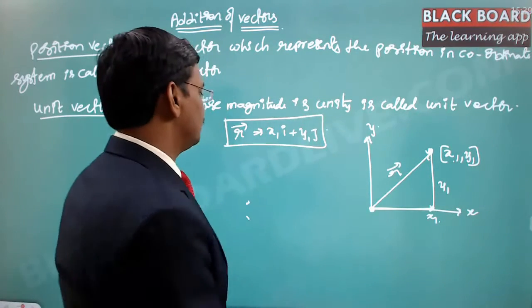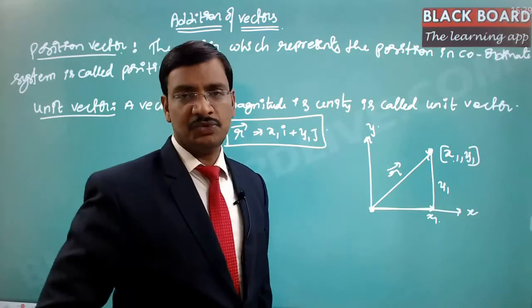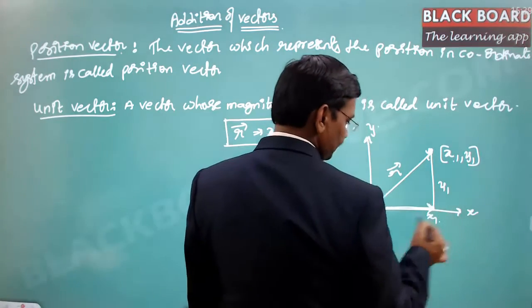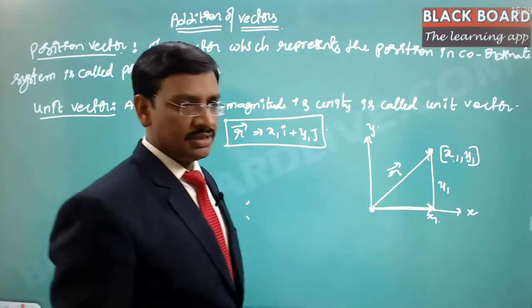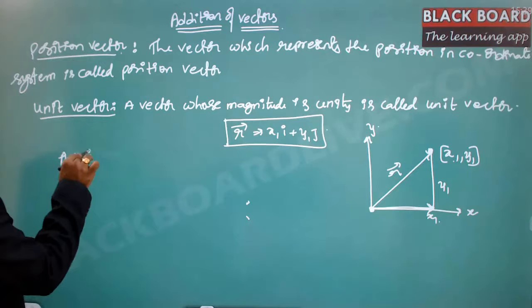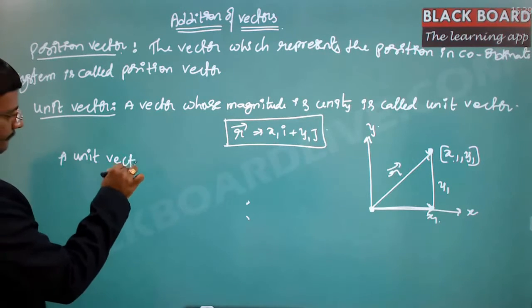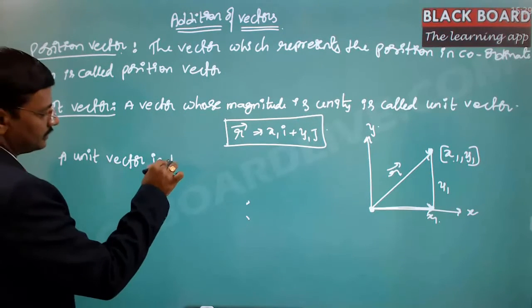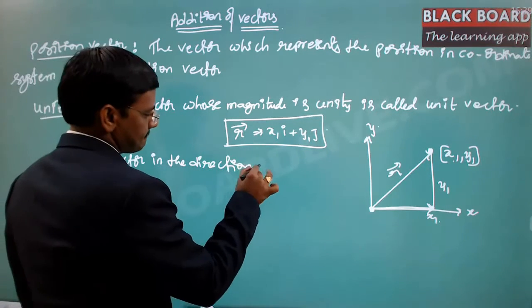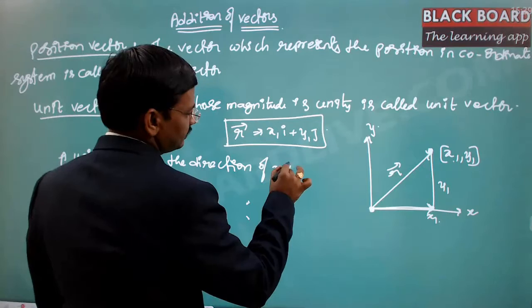Now if you notice, this inherently includes the addition of two vectors also. This vector, if you notice, is in the direction of x. A unit vector in the direction of x is represented with i.